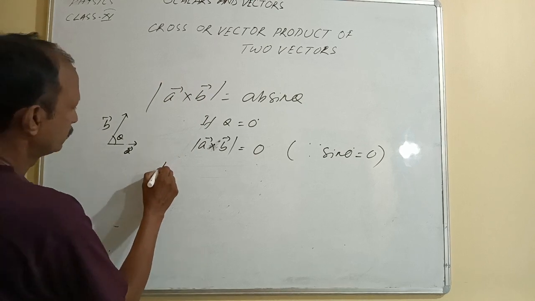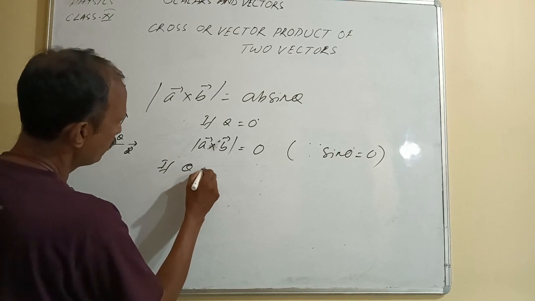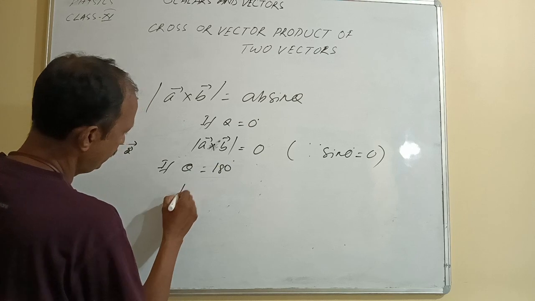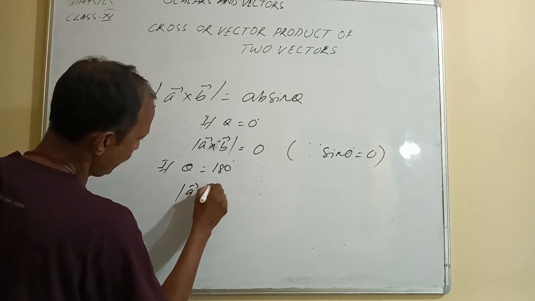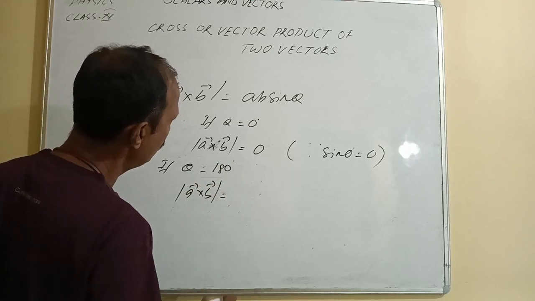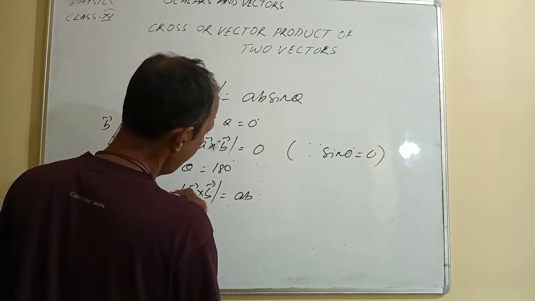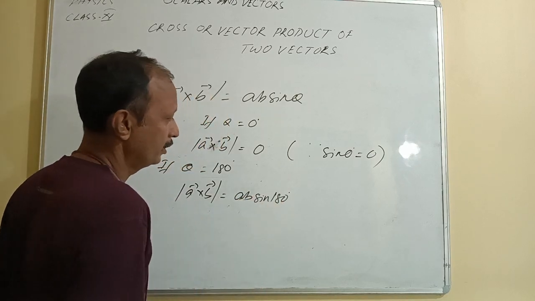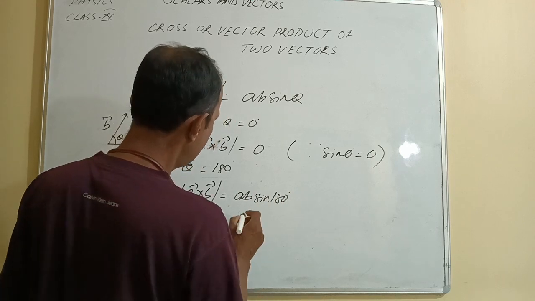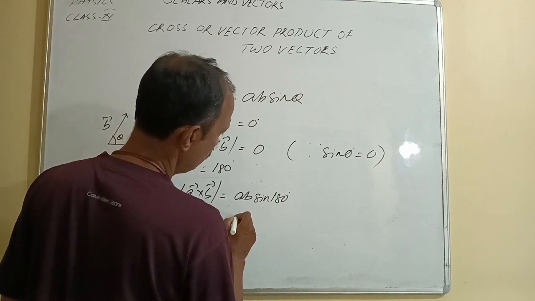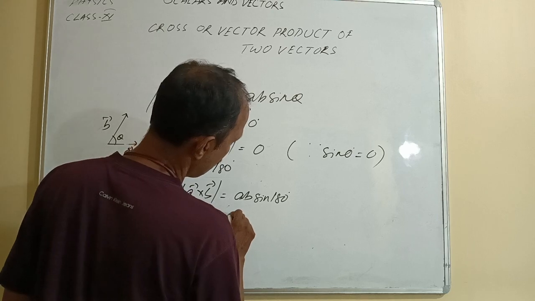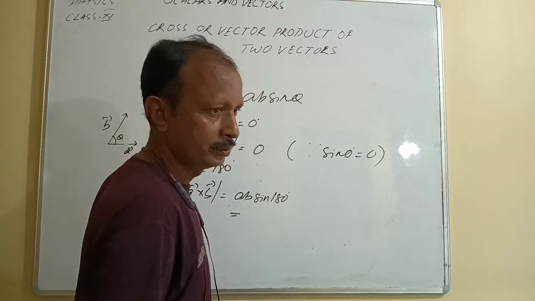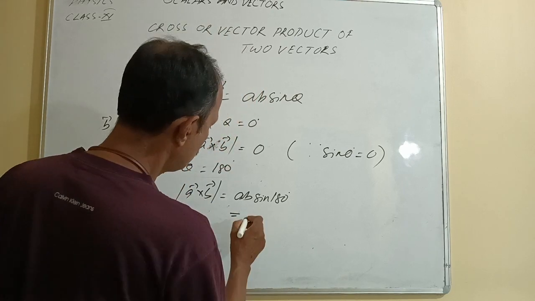If theta equal to 180 degree, the magnitude of A cross B will be equal to AB sin 180 degree. Okay, so this is also equal to 0.